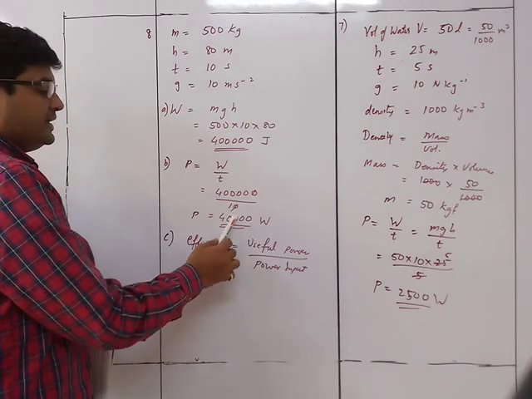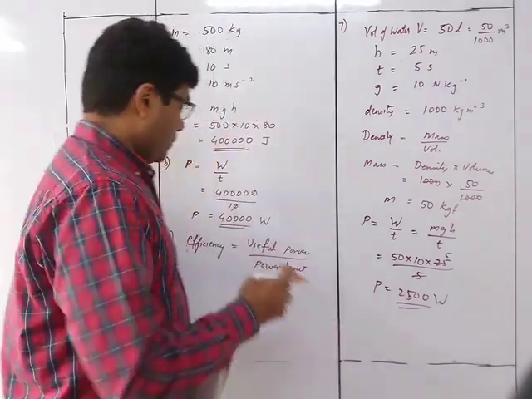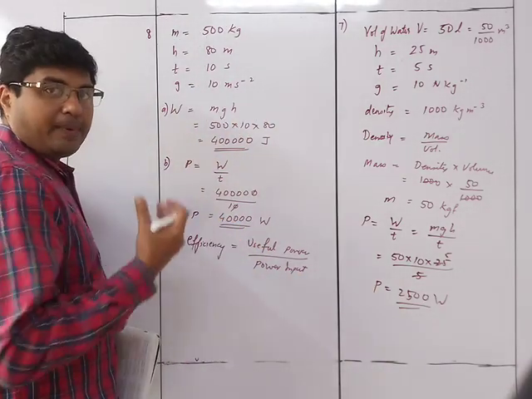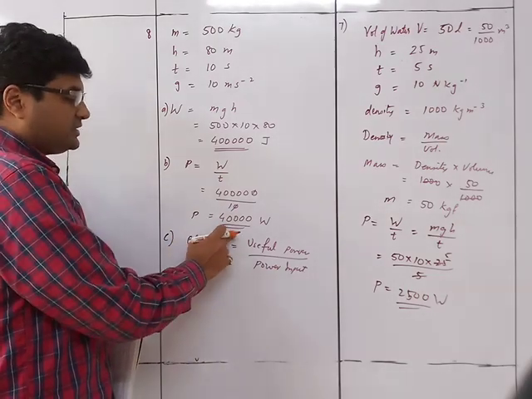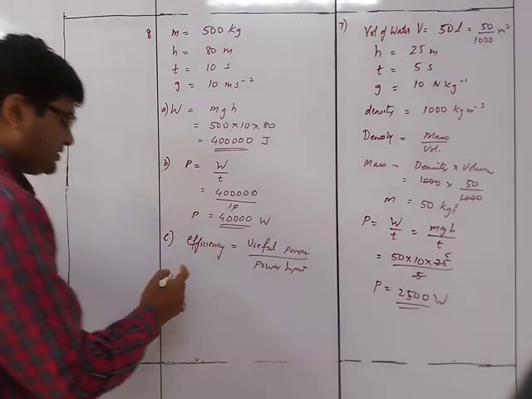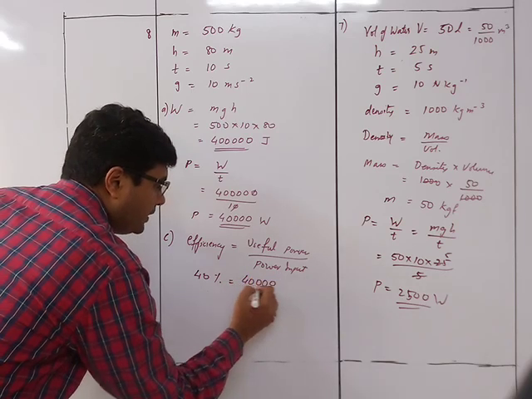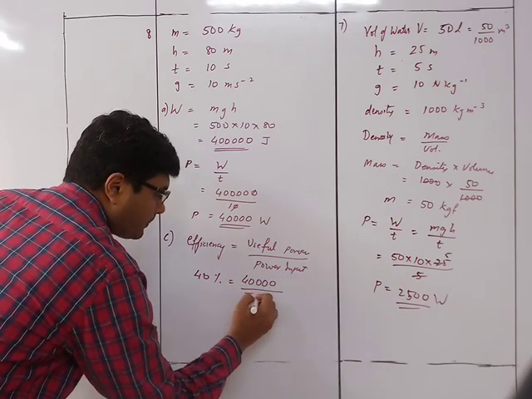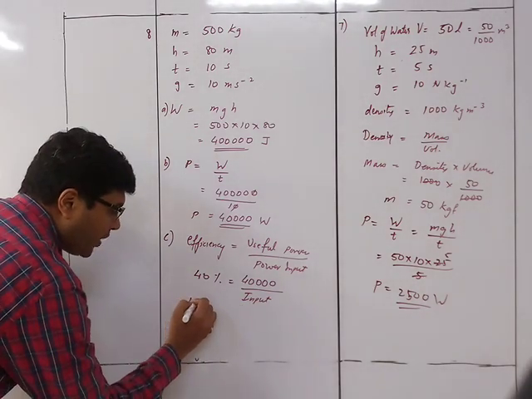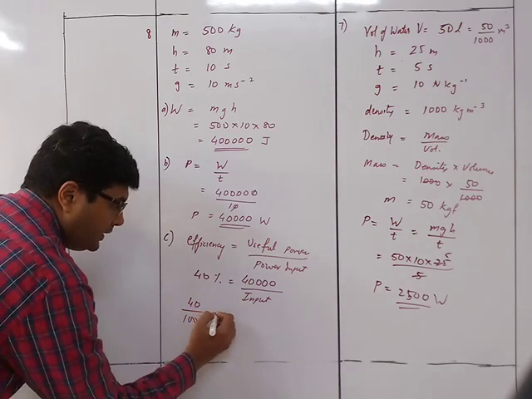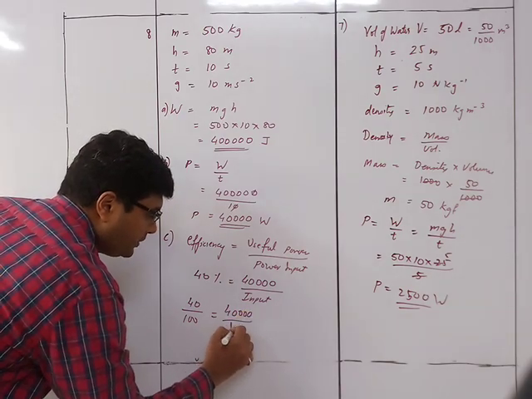What we got is the output, the useful power, that is the power we used. So 40% = 40,000 upon input power. This 40% is nothing but 40 upon 100 = 40,000 upon input.